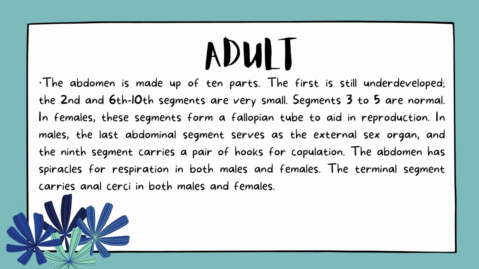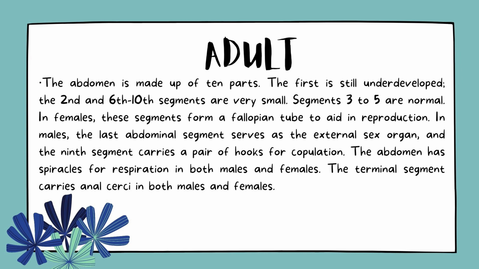The abdomen is made up of 10 parts. The first is still underdeveloped. The second and sixth until 10th segments are very small. Segments 3 to 5 are normal. In the female, the segments form an ovipositor tube to aid in reproduction.